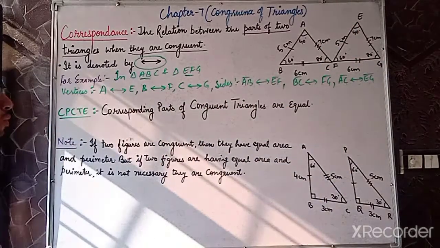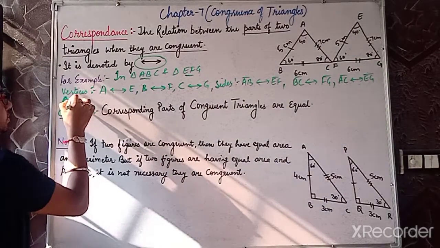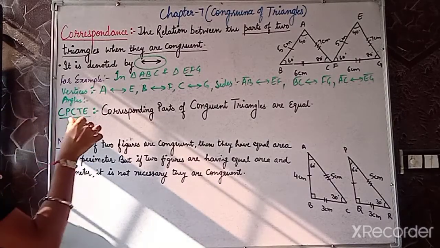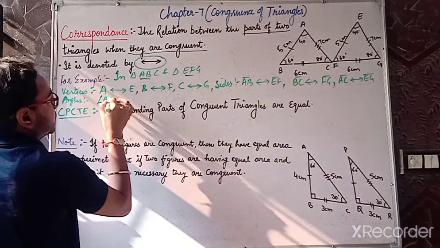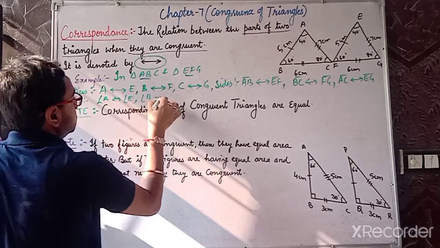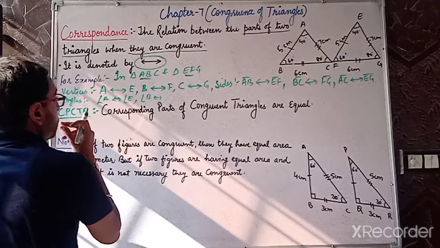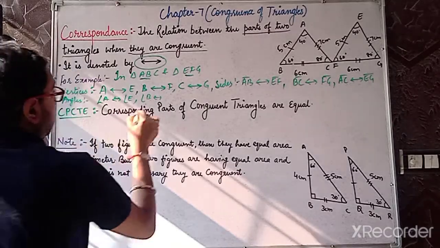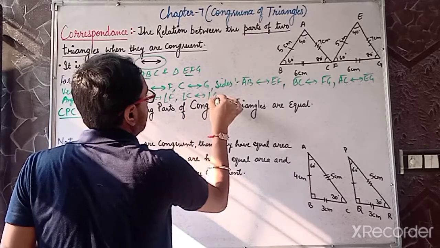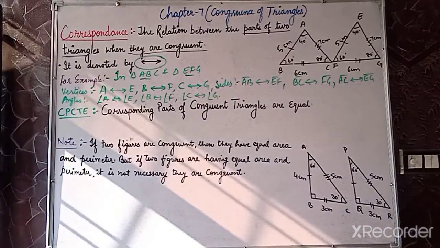Any doubt? Now the next thing is angles. How many angles are there in a triangle? Three. Therefore, angle A corresponds to angle E, angle B corresponds to angle F, and angle C corresponds to angle G. This is what correspondence means.